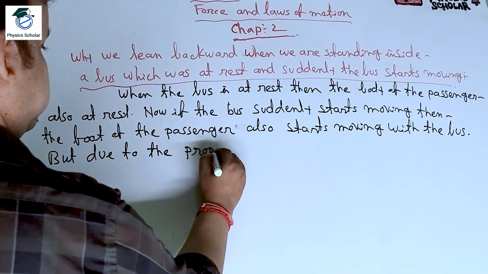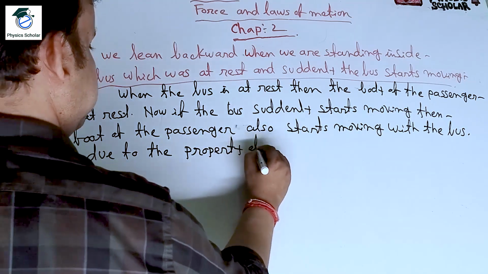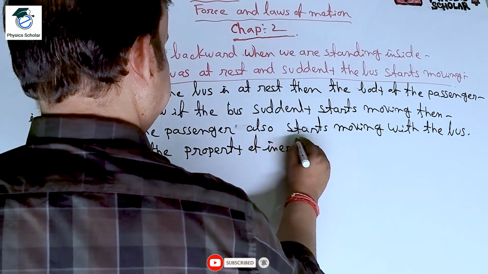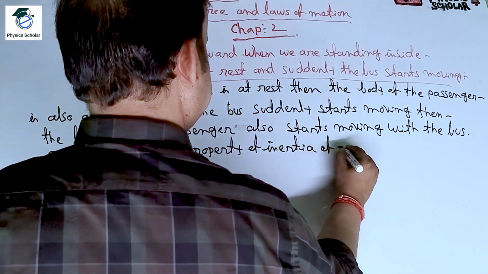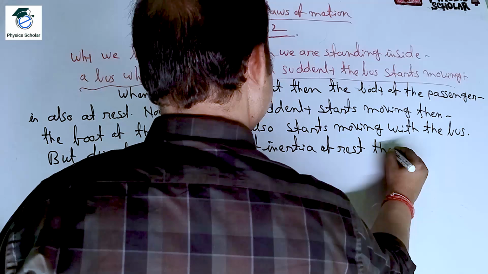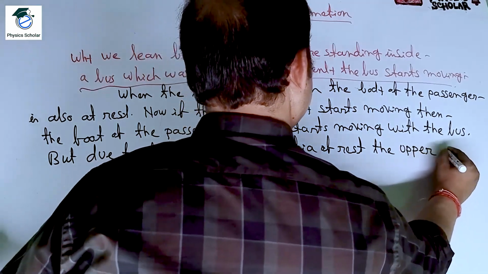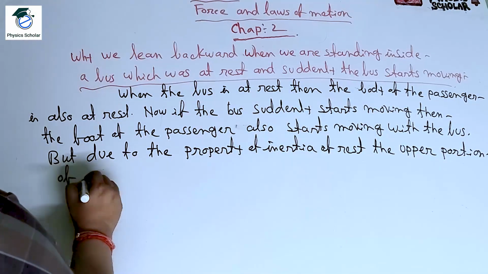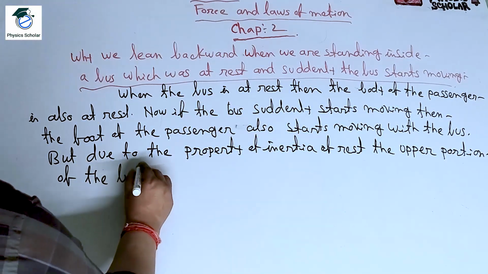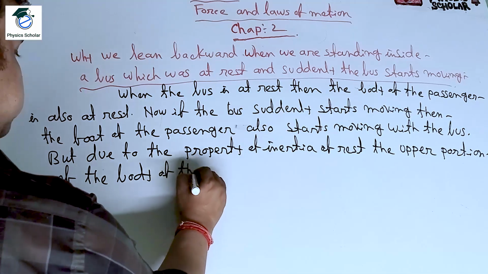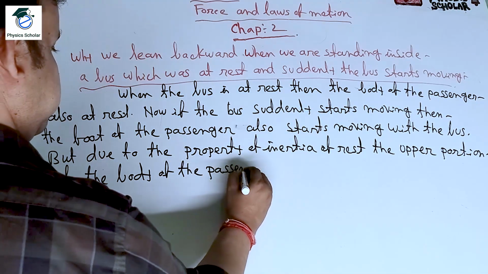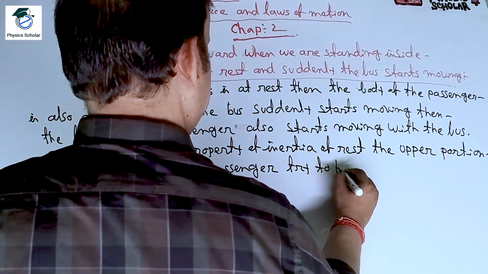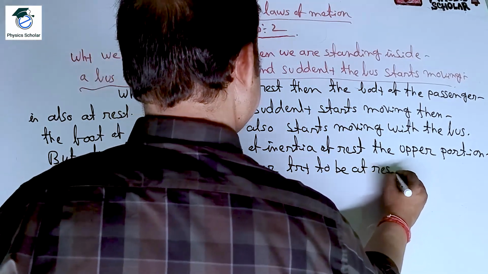inertia of rest, the upper portion of the body of the passenger tries to be at rest.